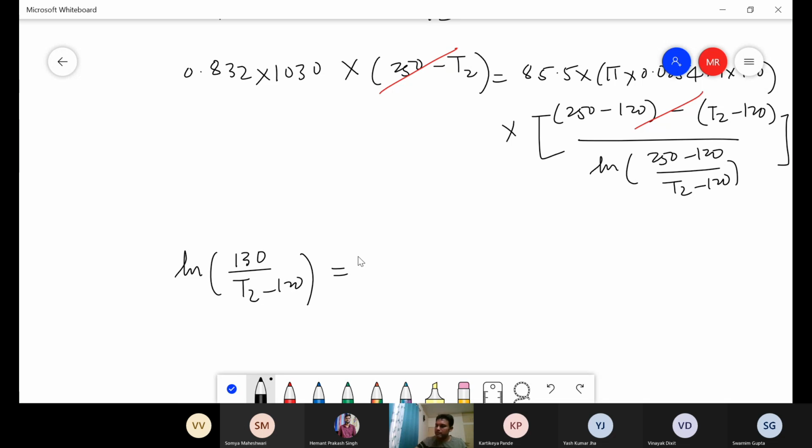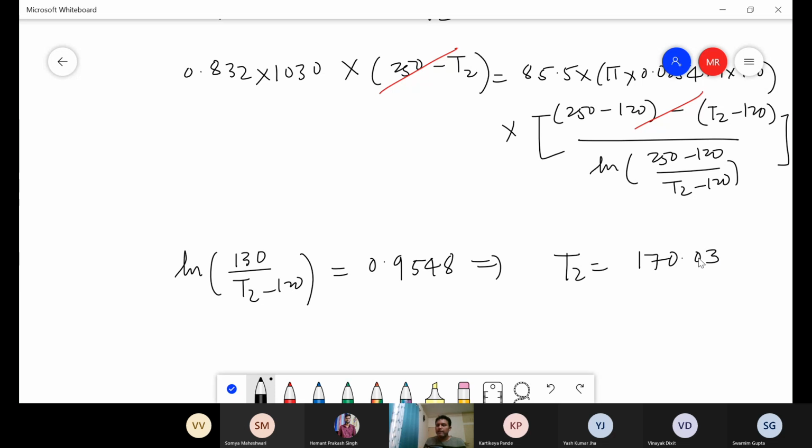So this becomes 0.9548, and from this T2 can be obtained as exponential of this inverse into 130 plus 120.